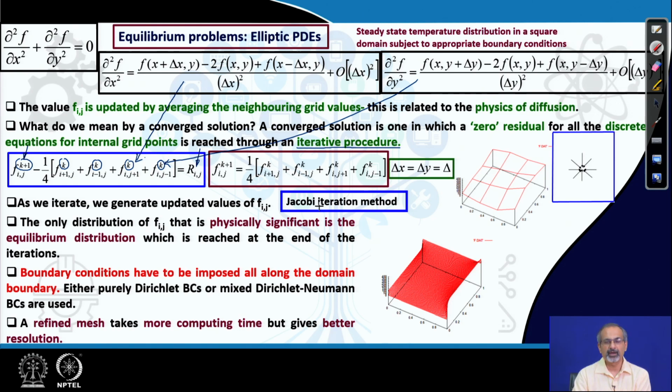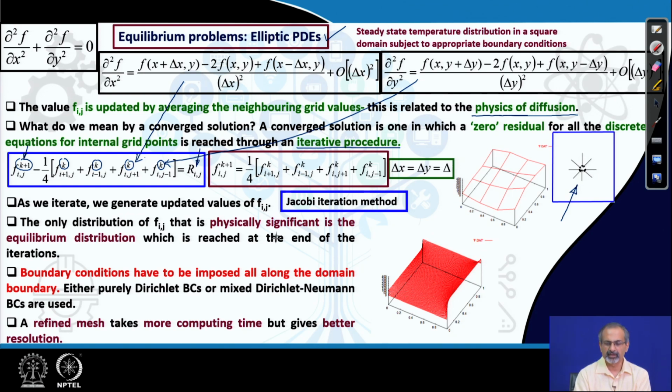So, the value of f i j will be updated by averaging the neighboring grid values. This basically follows the physics of diffusion, where the influence comes from all ends. It also matches with the idea of the elliptic partial differential equation, which we had discussed earlier, that the entire domain is its domain of dependence. So, inputs come in from all directions.